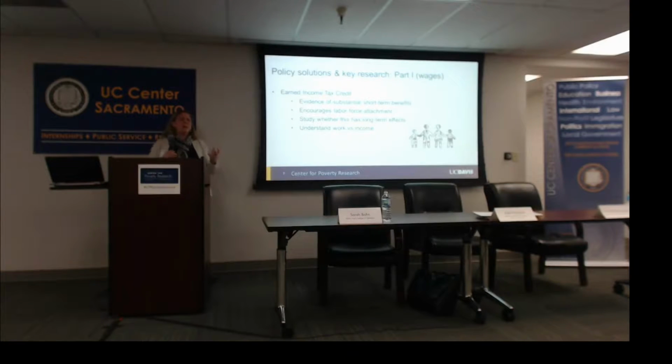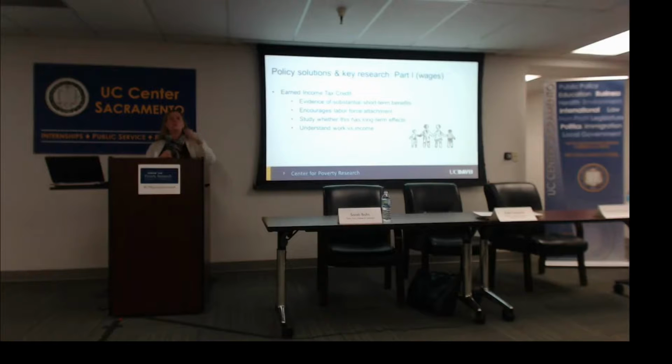Second key policy, if we're thinking about labor markets and poverty, of course, is the earned income tax credit. Here, the story of research in the past 10 years of academic research is that there is a lot of evidence that higher earned income tax credit receipt seems to have important effects on families' outcomes.